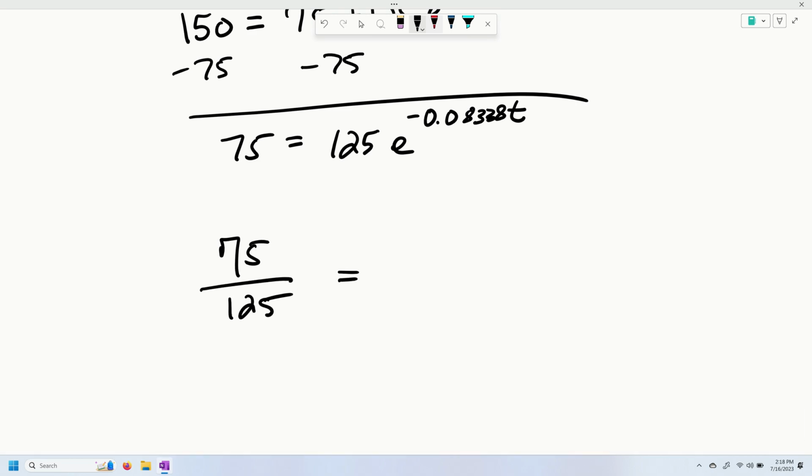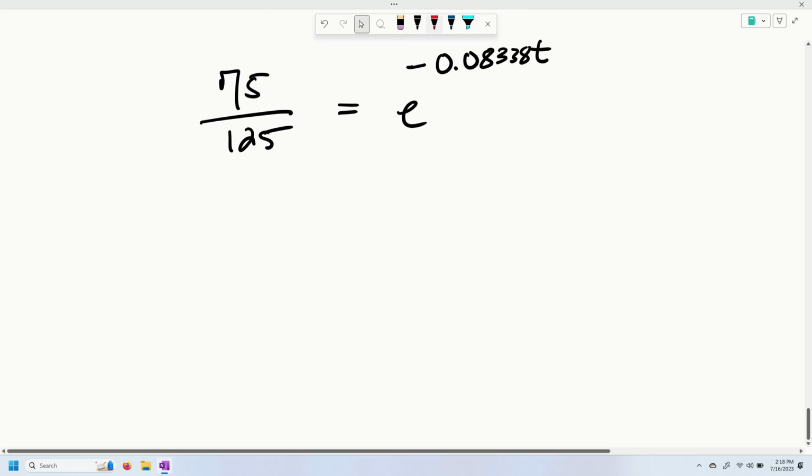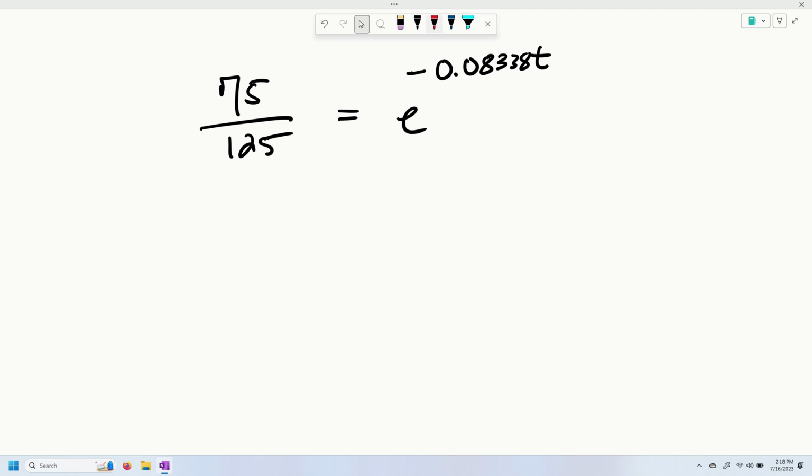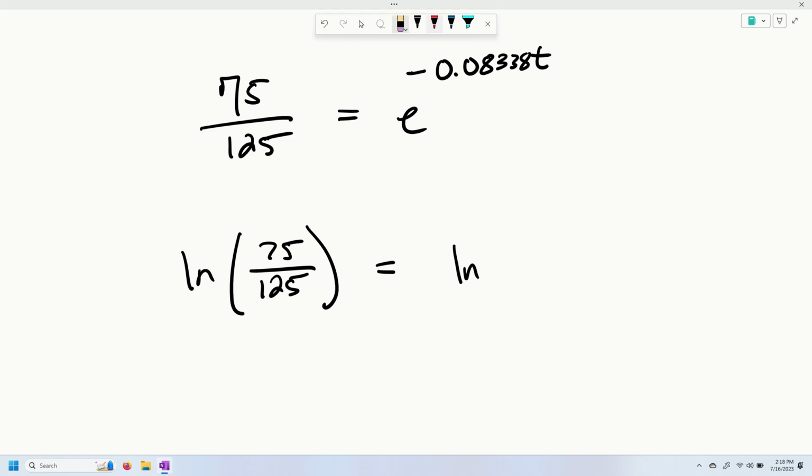So that's going to give us 75 over 125 equals e to the negative 0.08338 t. Once again, we're going to take the ln of both sides. So we get the ln of 75 over 125, which equals the natural log of e to the negative 0.08338 t.